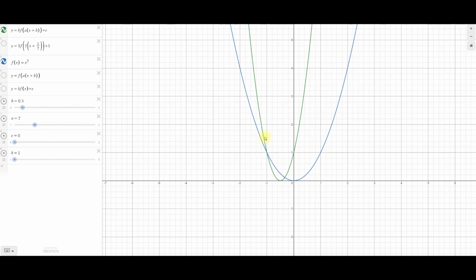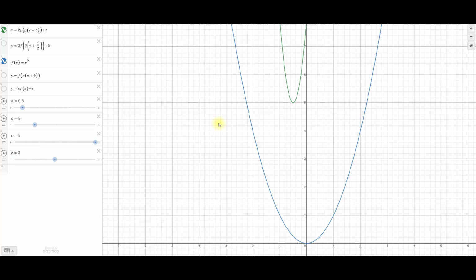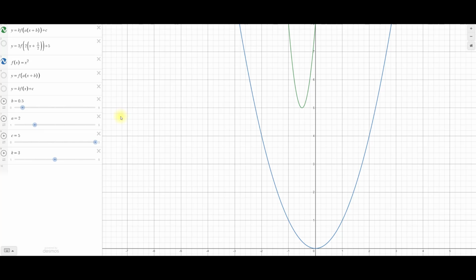So now I have changed the graph by a factor of 1/2 horizontally. Then let's do our vertical translation, and it was +5, so I need to go to 5. And we have a vertical dilation of 3. I'm just going to move this graph. So we have a y-intercept at 8, our stationary point at x equals -1/2, y equals 5.